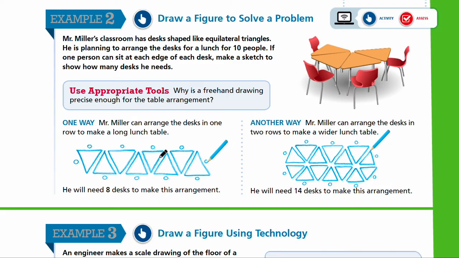So one way he could arrange the desks like this, looking downwards and then looking upwards, looking the other way, and then like that, like crisscross, right? Another way, we could make shapes like these where we could have tables over here.